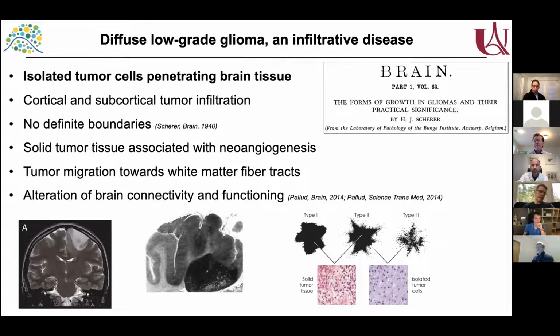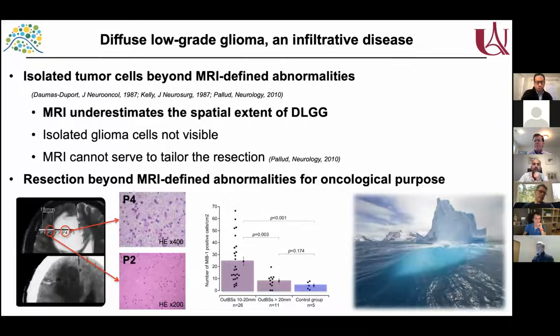And in addition, we know that isolated glioma cells are present behind MRI-defined abnormalities. In fact, MRI, whatever its modality, underestimates the spatial extent of diffuse low-grade glioma.